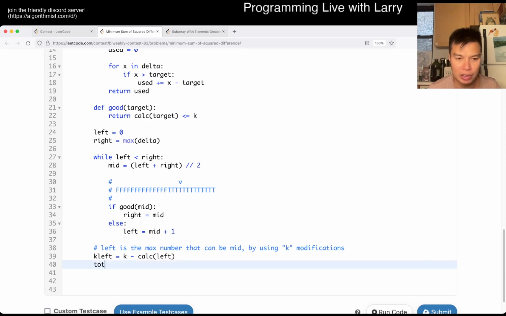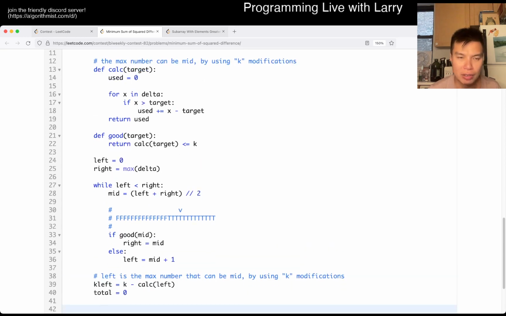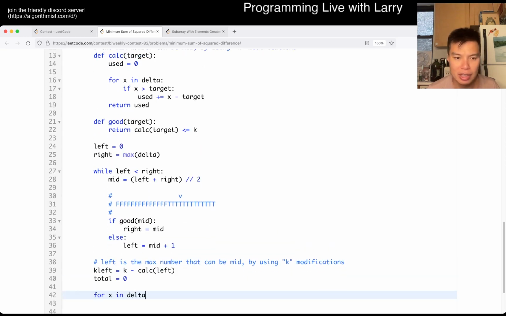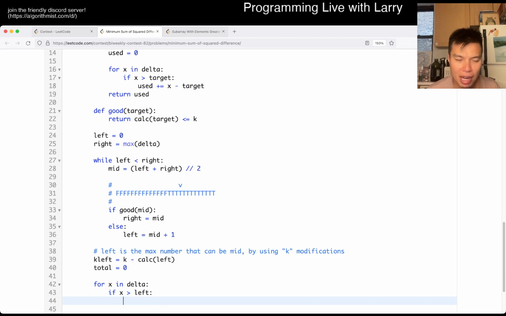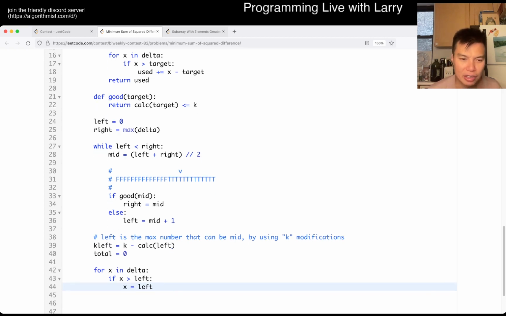So now total is equal to 0. For x in delta, if x is greater than left, which is the answer of course, then x is equal to left.